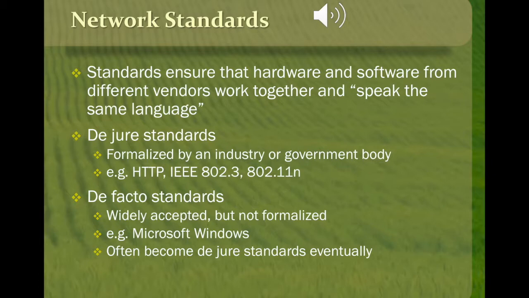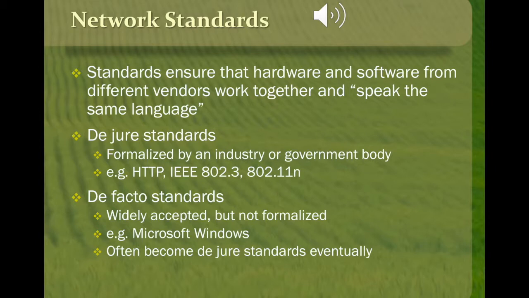Let's discuss de jure standards and de facto standards. I try and mention de jure standards, and I try and throw this verbiage into a lot of my presentations because it's important, and it's also very simple. So, de jure standards are formalized by an industry or governing body, and de facto standards are widely accepted but have never been formalized.